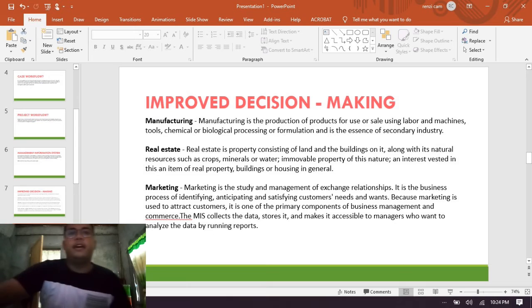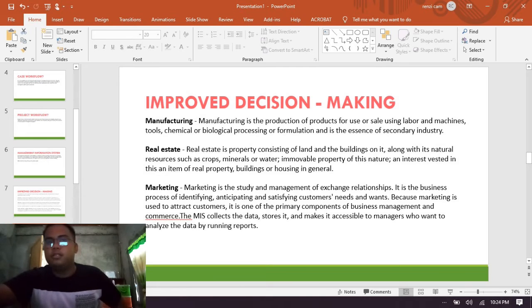Number 5, manufacturing. Manufacturing is the production of products for use or sale using labor and machines, tools, and chemical or biological processes or formulation, and is the essence of secondary industry.